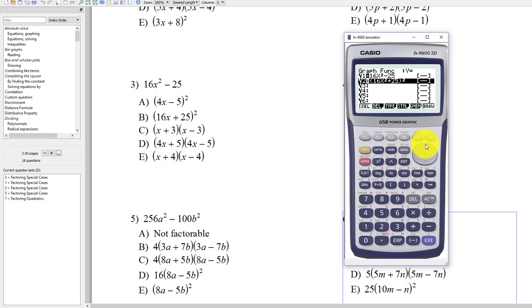So when you type in your D, let's say 4x plus 5, then 4x minus 5. Now when you graph this, so let me change this one, style, and make it like, there you go. So look, they match. So you know that's the correct answer.